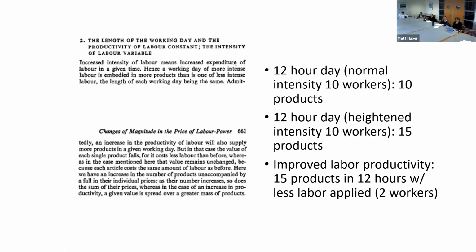Their labor productivity itself has not been improved with less labor. You're talking about the same amount of labor, just producing more products. I still don't quite get this, but this is how I've tried to explain it to myself. And it makes a little bit more sense.